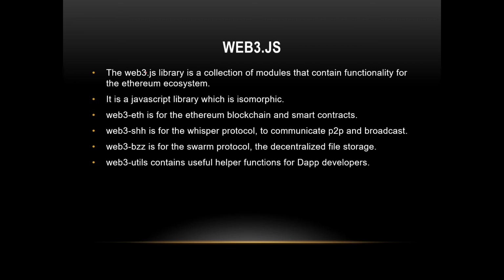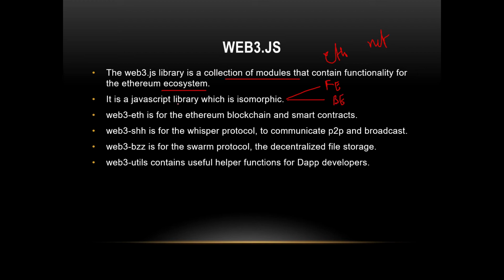It also provides access to the ETH object and the NET object, and all the functionalities and functions built into these two objects. You can say it is a collection of modules containing functionality for the Ethereum ecosystem. This is an isomorphic JavaScript library. What do you mean by isomorphic? This basically means that you can use it both for front end and also for back end.